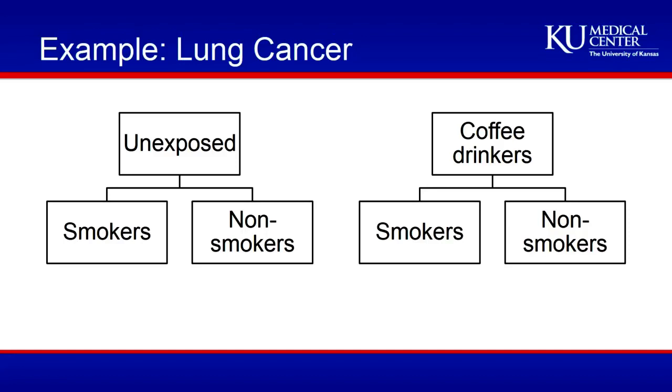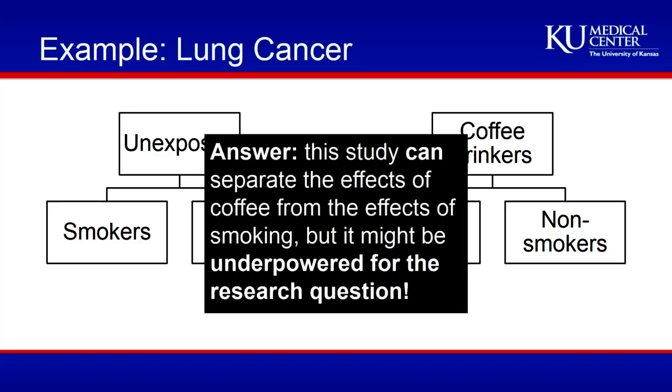What we can do in this case, which is really nice, unlike the previous case, is split up and actually partition the variation in lung cancer risk between the two exposures because we have individuals who are coffee drinkers who are now both smokers and non-smokers. So we can actually drill down and figure out which of the groups, the subgroups here, actually have increased risk.